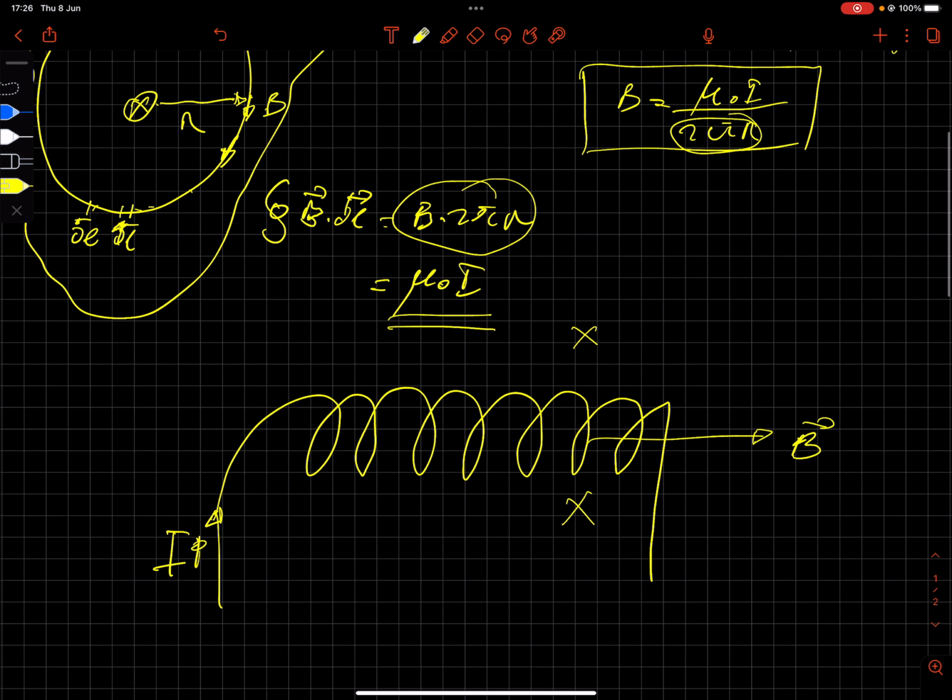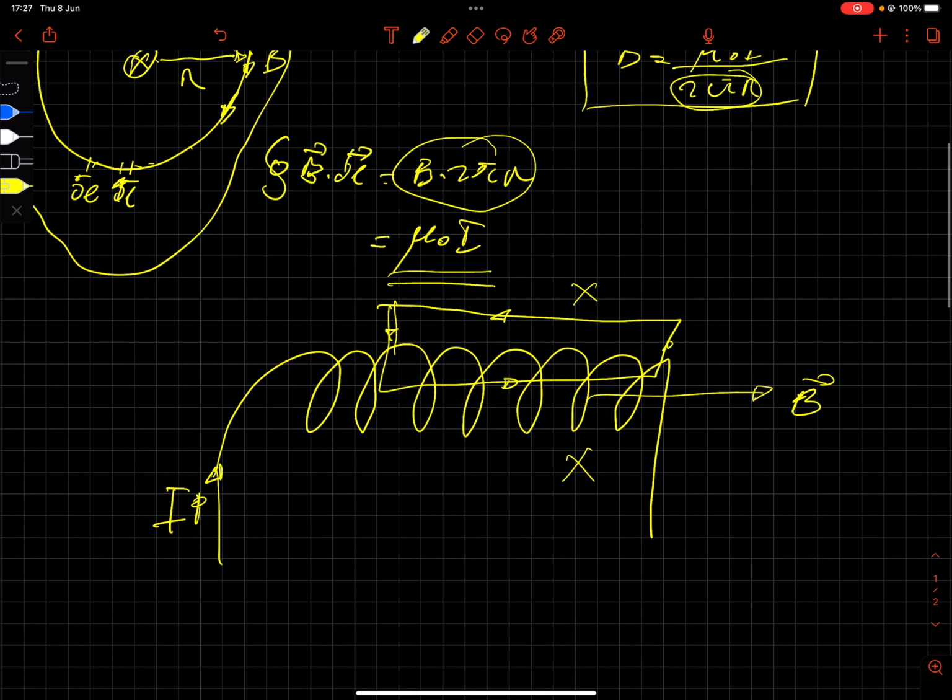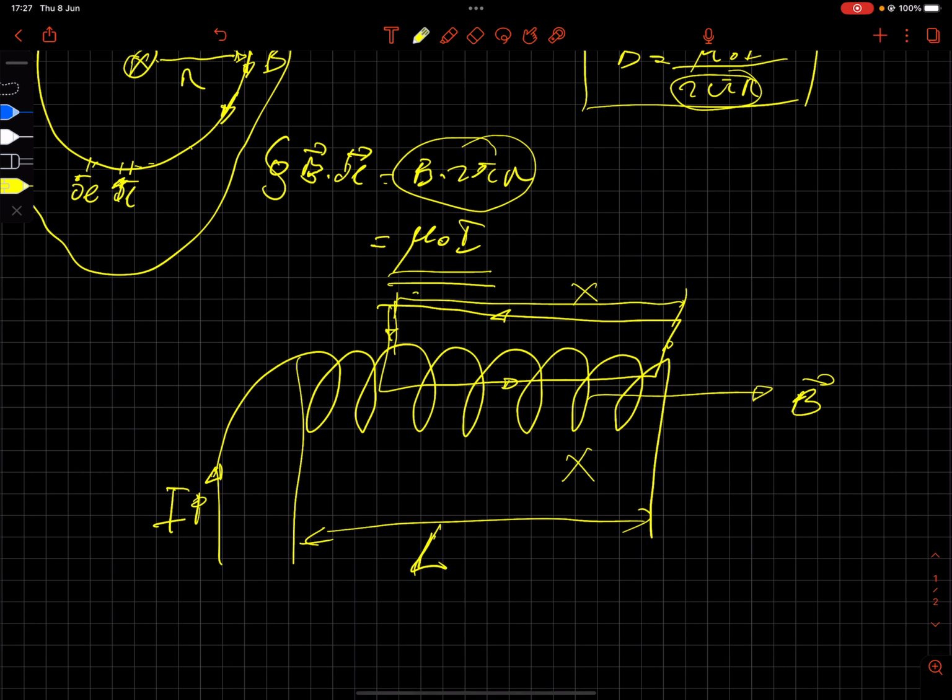So let's say we need to attach some surface and some path here like this, and let's choose the direction around this path like this. We have here that the length is L, and this here is, let's say, small l.